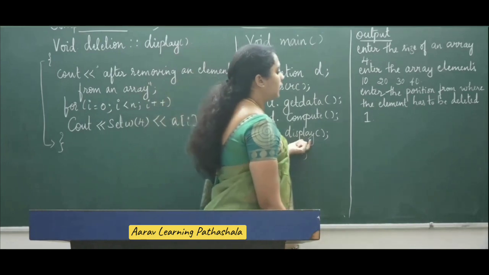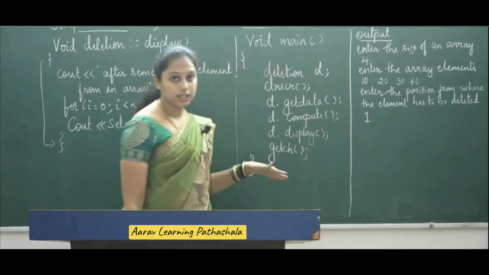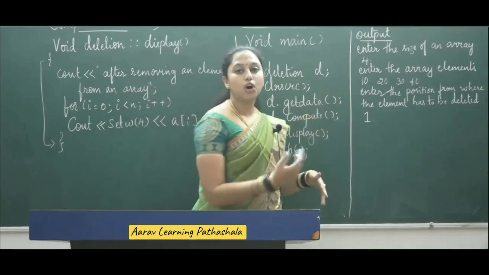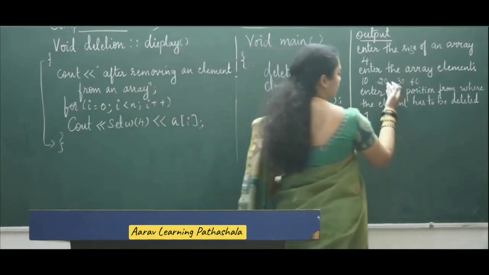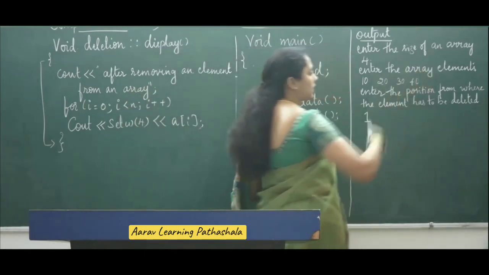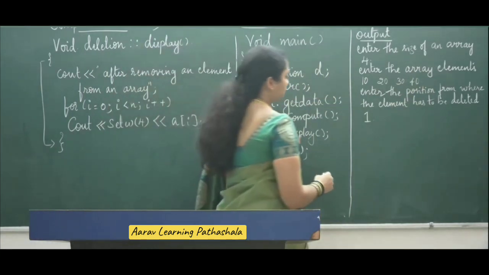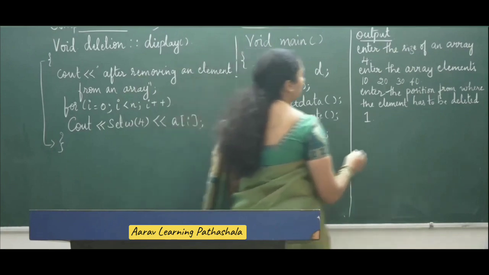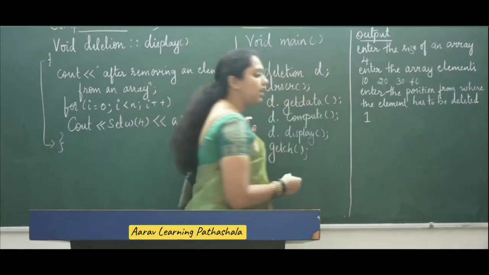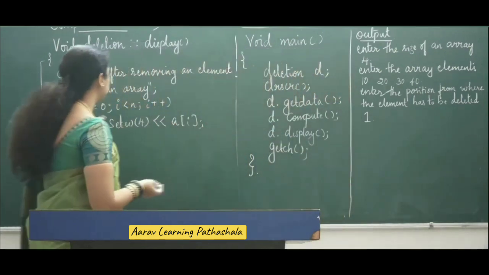Next, in the display function, after deleting an element, it will shift all the elements from the deleted position till the last element to its lower order positions. So in the display function, we are going to display the elements after deletion.